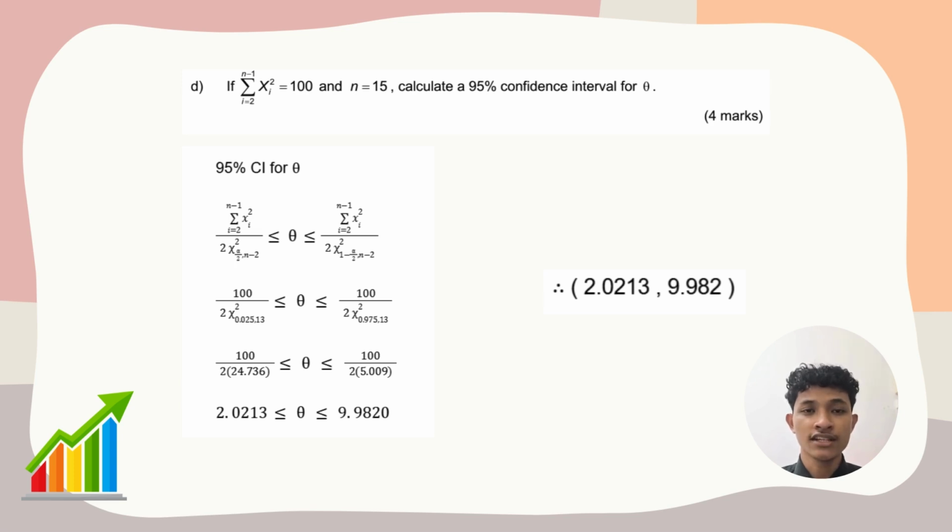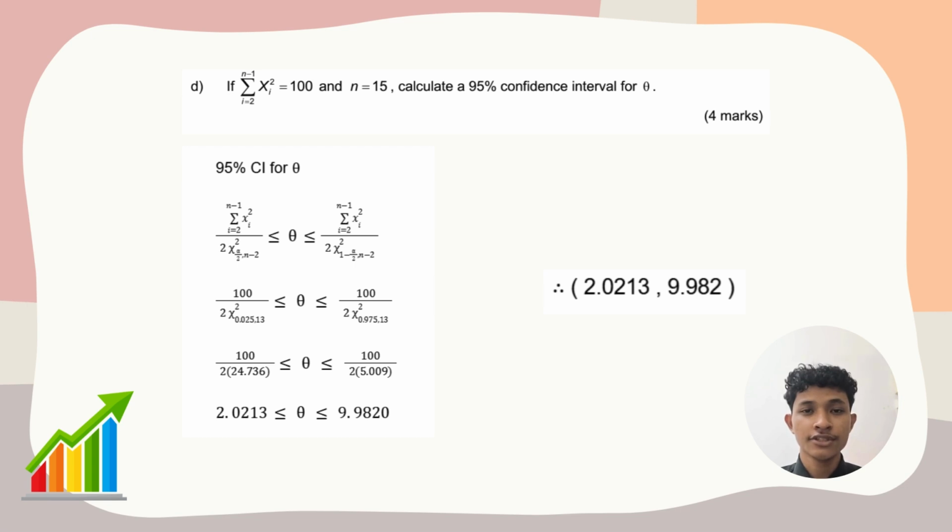Therefore, we use the chi-square confidence interval formula to estimate theta. The 95% confidence interval for theta is given by summation of xi square over 2 times chi-square alpha over 2 with n minus 2 degrees of freedom, less than or equal to theta, less than or equal to summation of xi square over 2 times chi-square 1 minus alpha over 2 with n minus 2 degrees of freedom.